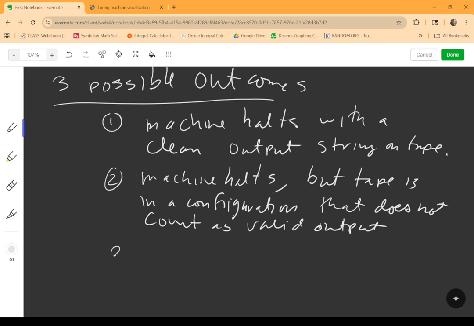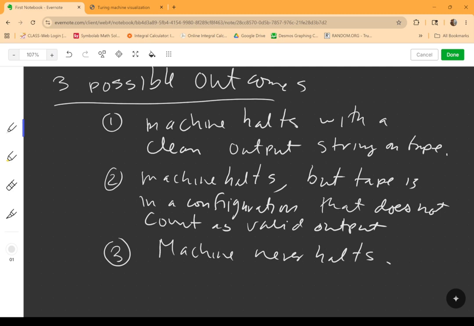Now, there is a third outcome here. The machine never halts. Essentially it runs forever without entering state H. For the DFA, outcome 3 is not possible; the machine always terminates after reading all the input. For Turing machines, non-termination is a fundamental possibility, and it cannot always be predicted in advance.